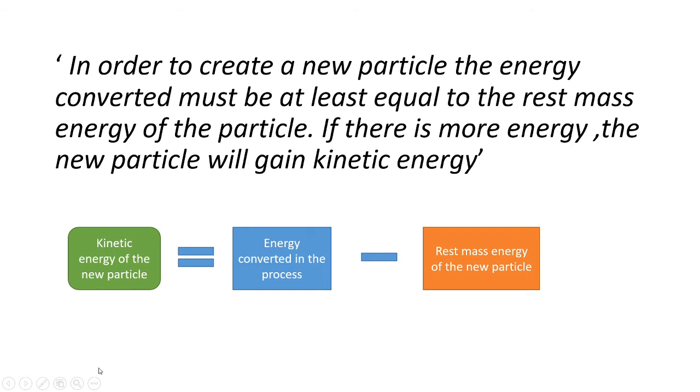That is what is observed, right? That's very important for calculations. To find the minimum kinetic energy, we first have to know the energy converted in the process, get the rest mass energy of the particle produced, and any difference goes to the new particle's kinetic energy.